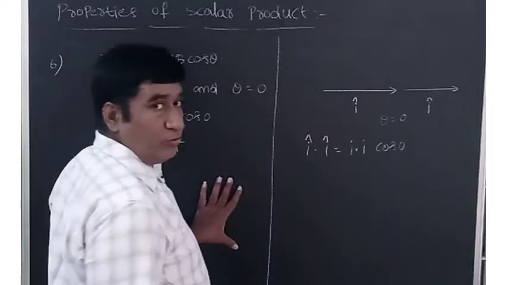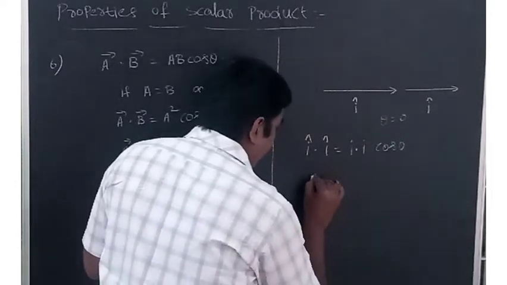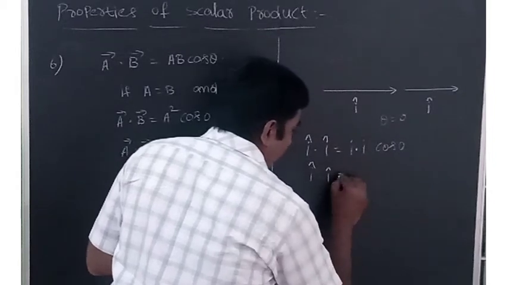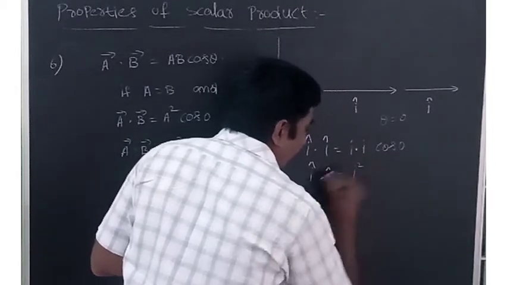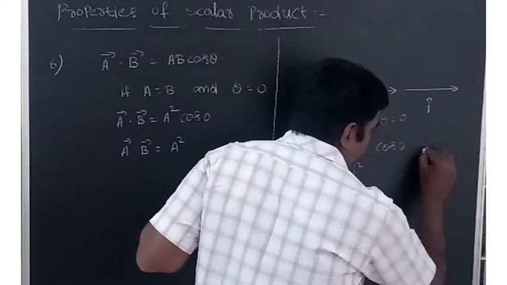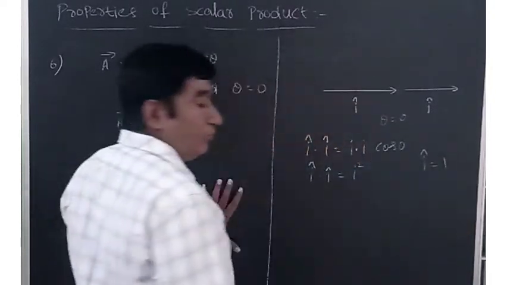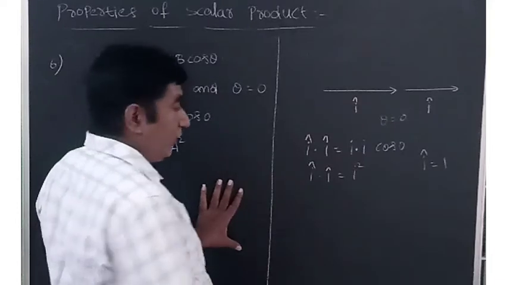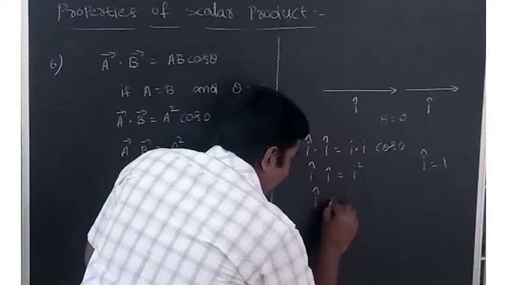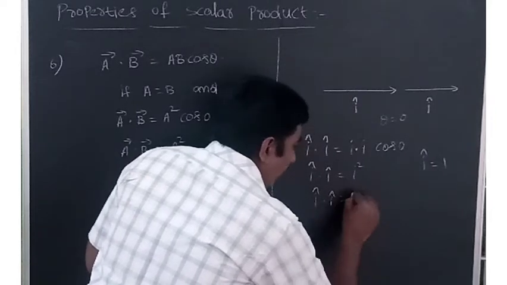What's the value of cos 0? 1. So i dot i is equal to i square. What's the value of i? It has been said that its magnitude is equal to 1. So with the help of this, I can tell that i dot i is equal to 1.